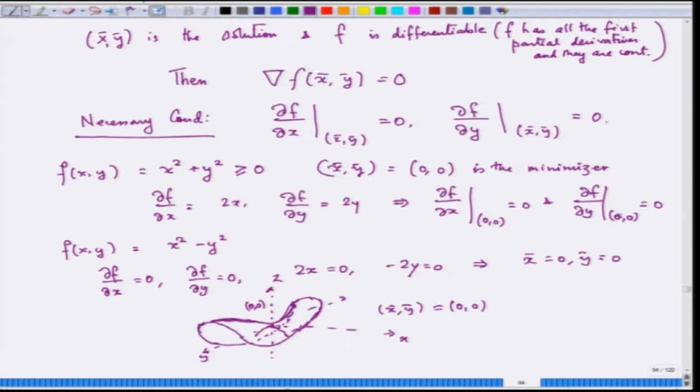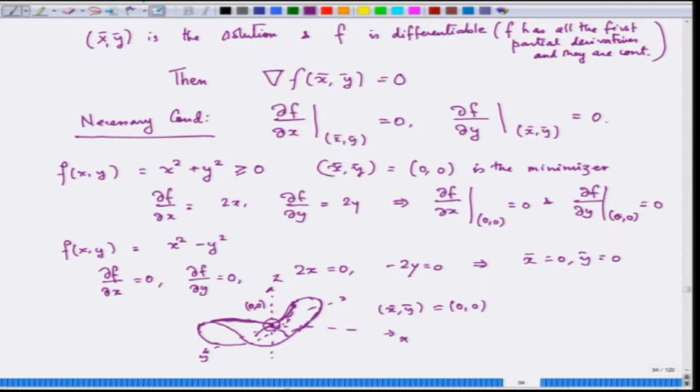If I put y equal to 0, then at x equal to 0 the function x square is getting minimized. If I now put x equal to 0, then at y equal to 0 the function minus y square is getting maximized.